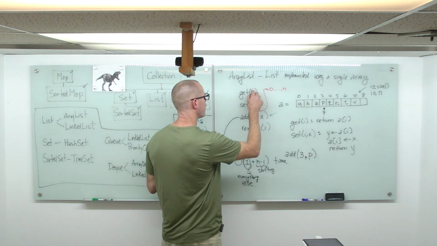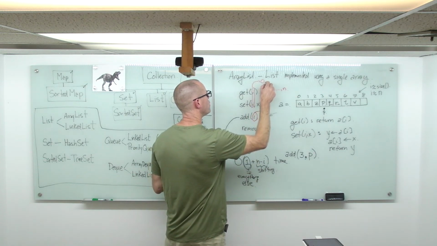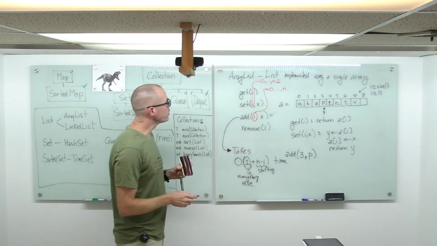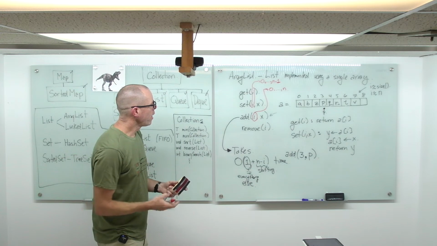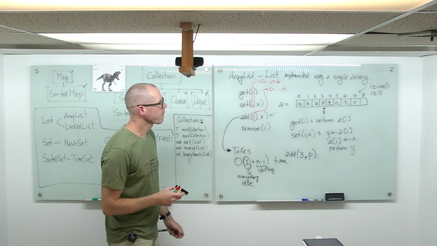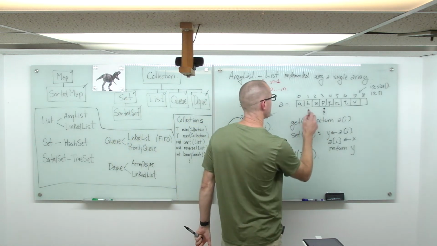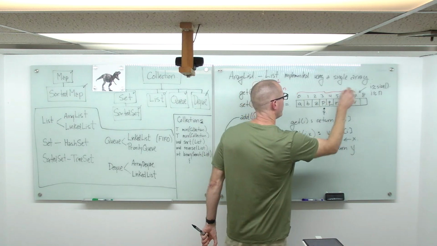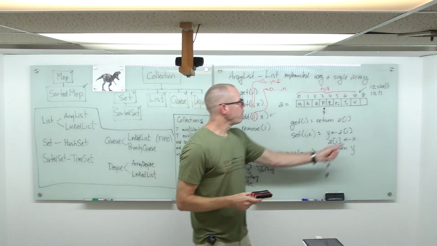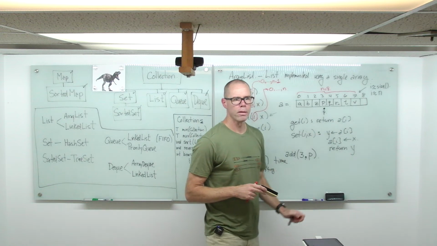But in these functions, the value of i can only be from 0 up to n minus 1, because otherwise you're trying to get or set the value of some element that is not present in the list. So here, for example, in this list, right now, n is equal to 8. I can add something at position 8, but I can't access the thing at position 8 because there's nothing there.